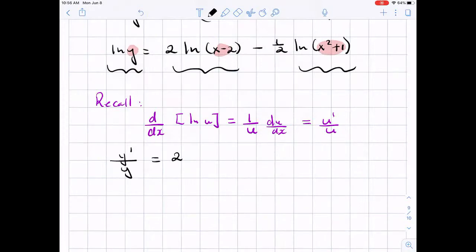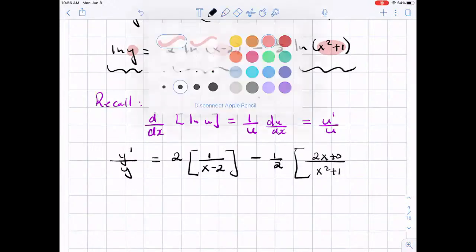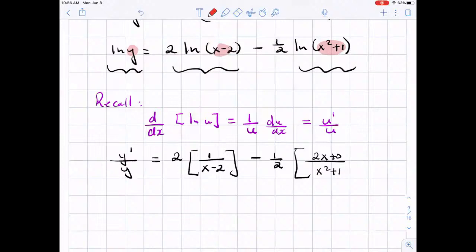When you take the derivative of x minus 2, you get 1 over x minus 2, okay? Minus, keep the 1/2, and then the derivative of x squared plus 1 is 2x plus 0 over x squared plus 1. So what is my u? This is my u, this is my u, and this is my u, okay? And the derivative of y with respect to x is just y prime.